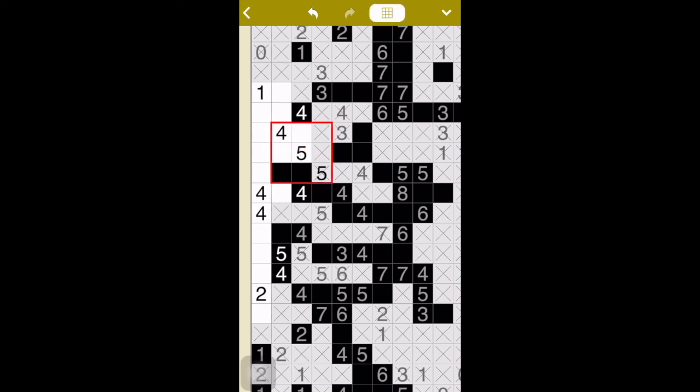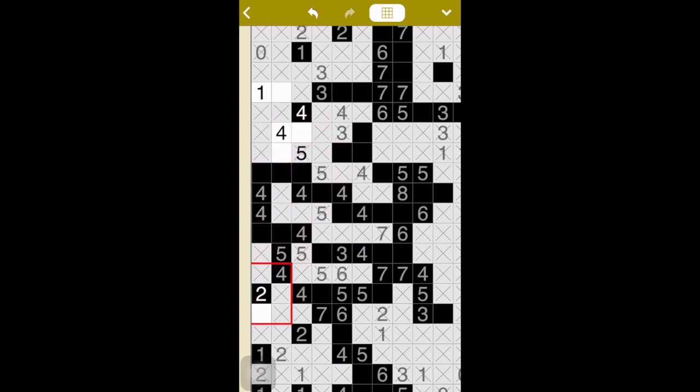So to complete the 5, yes, I do need 3 more black spaces in this area. So that means to complete the 4, the 3 black spaces I need have to be in this overlapping area, right? So that condition is met, right? So that will partially complete the 4 this way, partially complete the 5 that way, right?